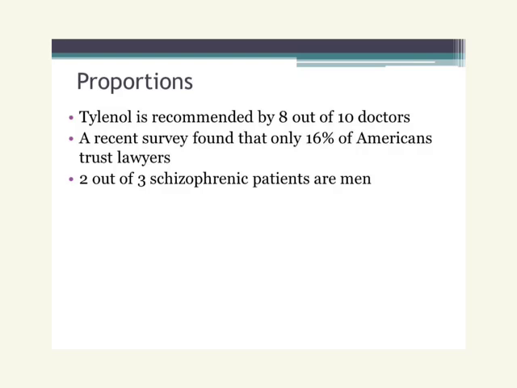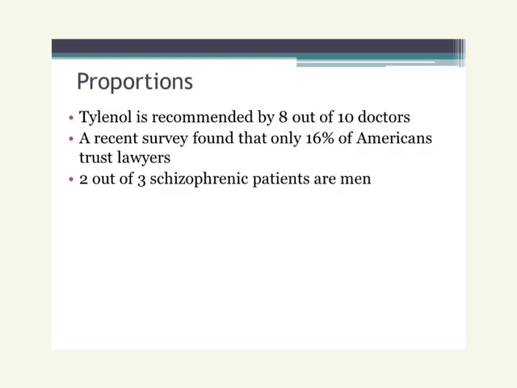Did they ask every single doctor in the world or the nation or whatever their population is, do you recommend Tylenol? My guess is no, they didn't. They probably dealt with a sample, and from their sample, they found approximately 8 out of 10 recommend Tylenol. All right? And so they're representing their data, their statistic, as a proportion.